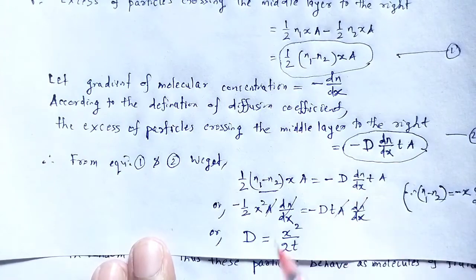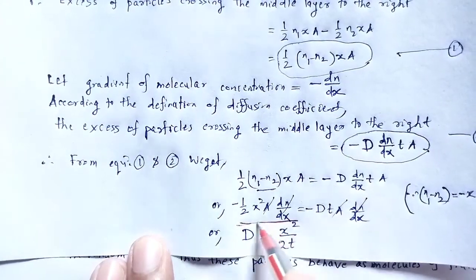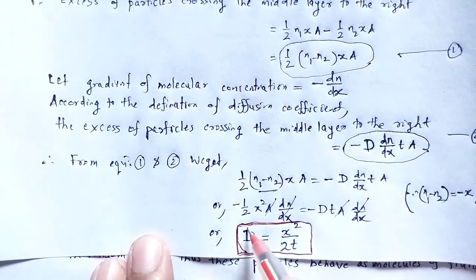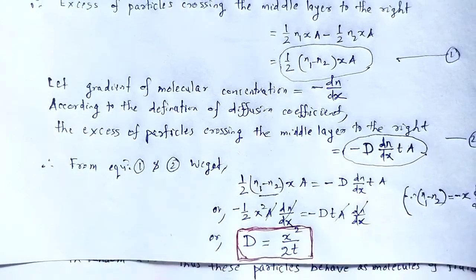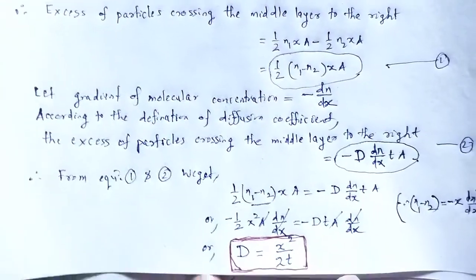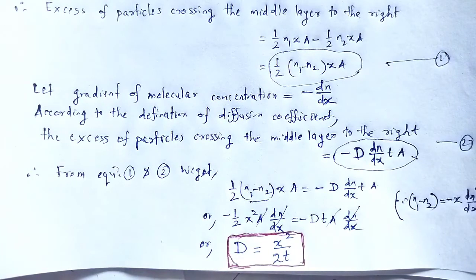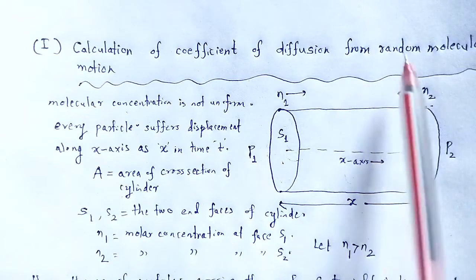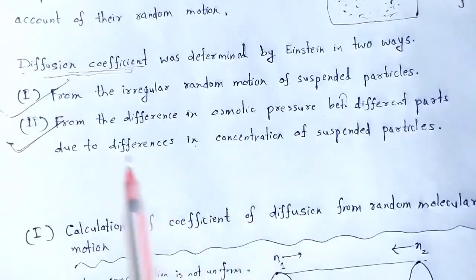That is the expression for the diffusion coefficient we calculated, where x is the distance of the cylinder and t is the time taken. This is the calculation of the diffusion coefficient taking random molecular motion, point 1.